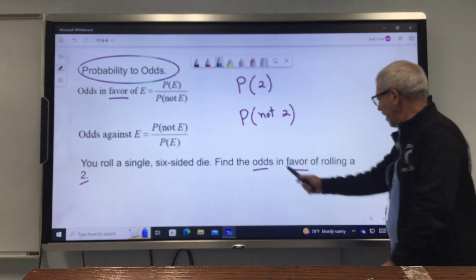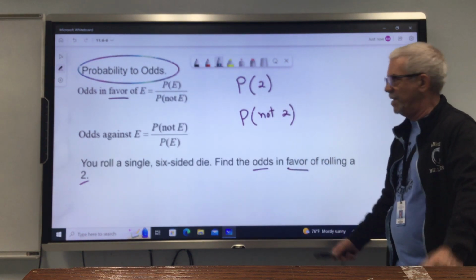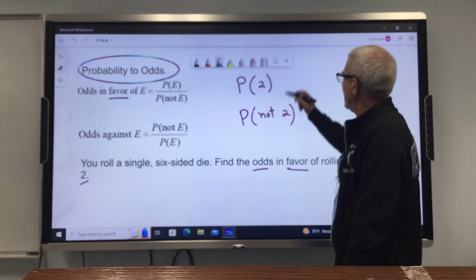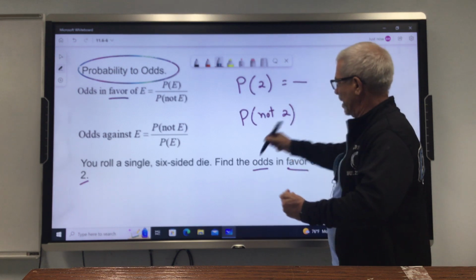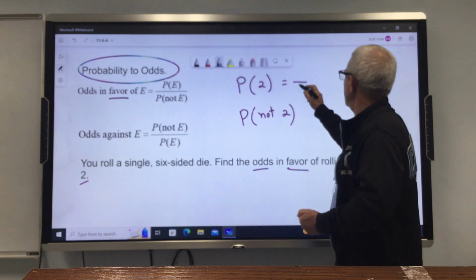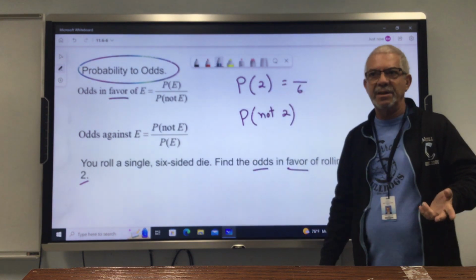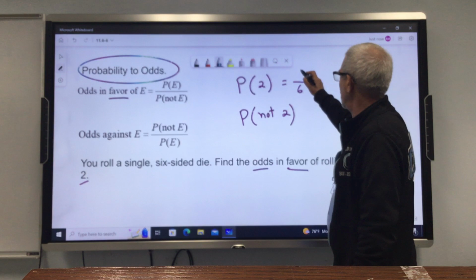They're asking only for in favor here. Then P(2), my denominator, because it's a 6-sided die, would be 6. How many 2s do we have on the die? Only 1. That would be 1/6.